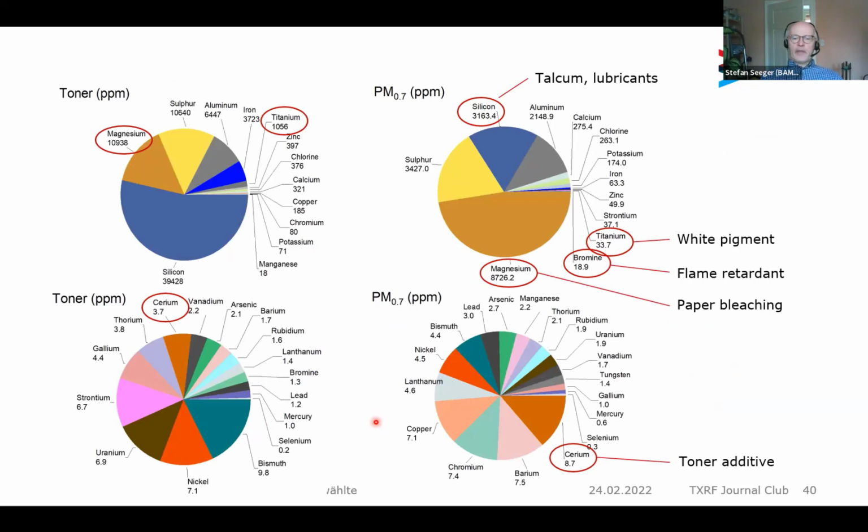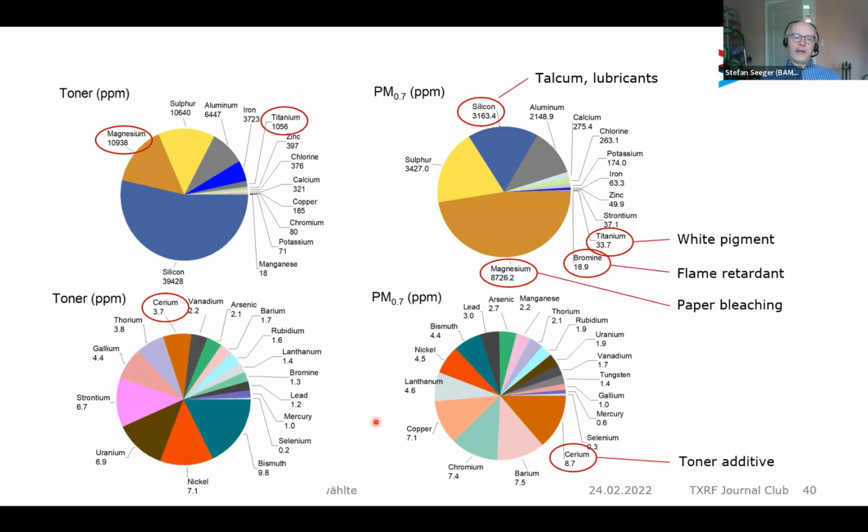I will show you some results here. These are a comparison of mass concentrations in ppm for toner on the left side. Toner is the powder which makes the ink of a laser printer. We compared this toner signature or fingerprint with the fingerprint of the PM 0.7 fraction of the aerosol.